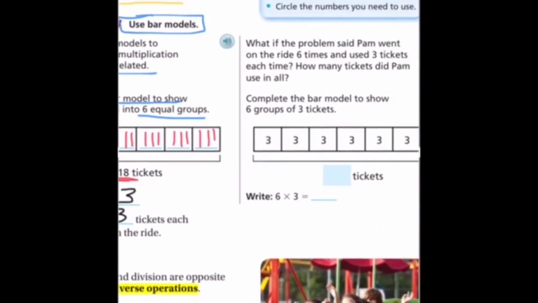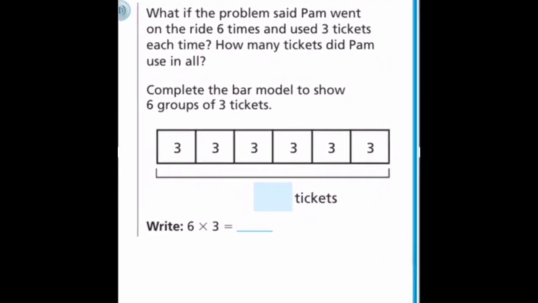All right. We can also come over here, and it says, what if the problem said Pam went on the ride 6 times and used 3 tickets each time? How many tickets did Pam use in all? So again, she rode it 6 times, so we have 1, 2, 3, 4, 5, 6 different spots. 3 tickets each time, so that's why they wrote 3 in each box.